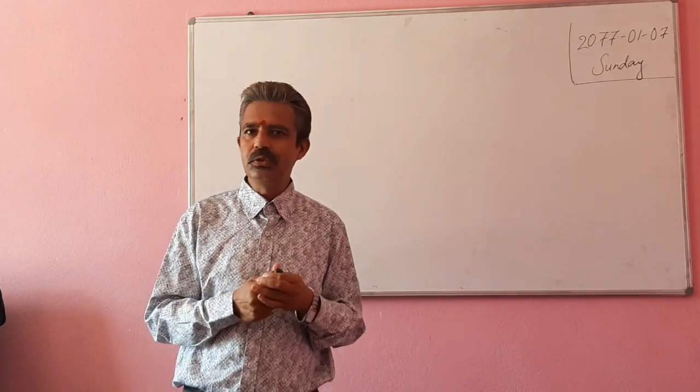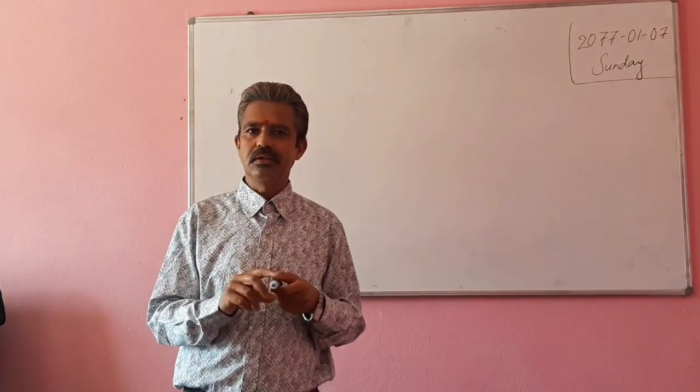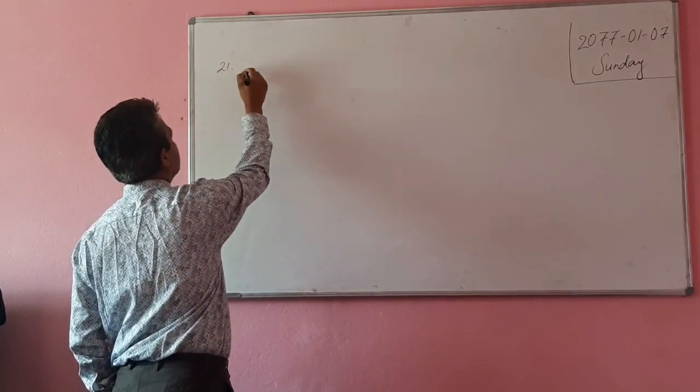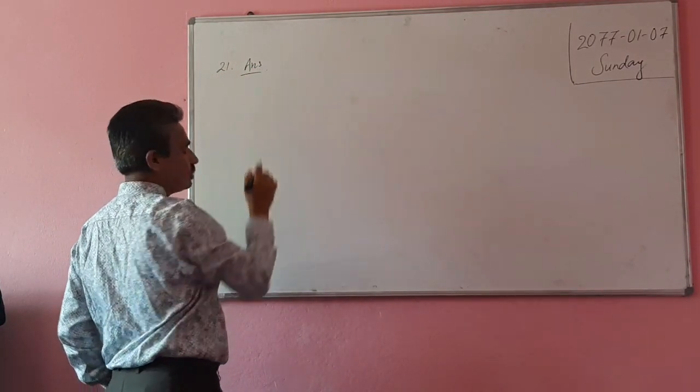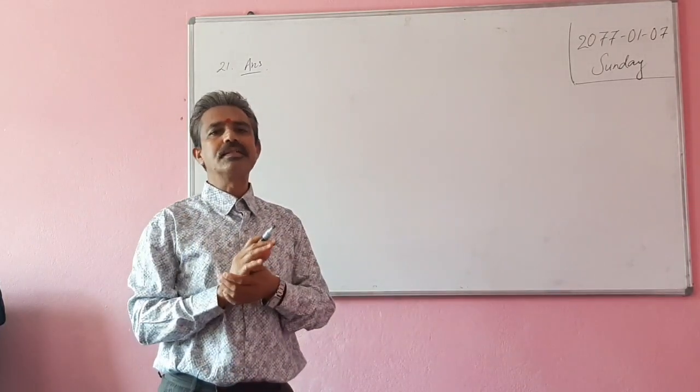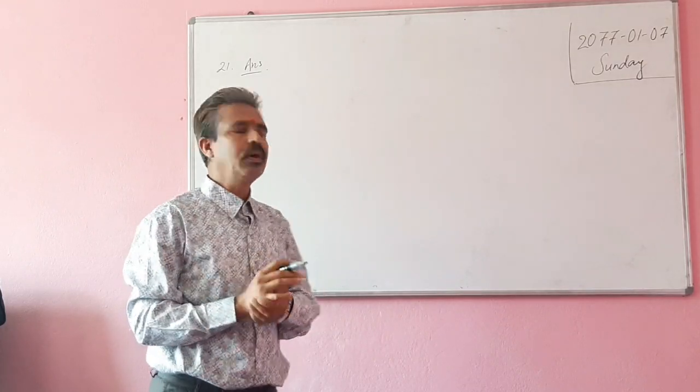Okay, are you ready to write the answers? Let me write the answer. Okay, question number 21, answer. The question said, the number of turns in primary coil and secondary coil are never made equal. Why?